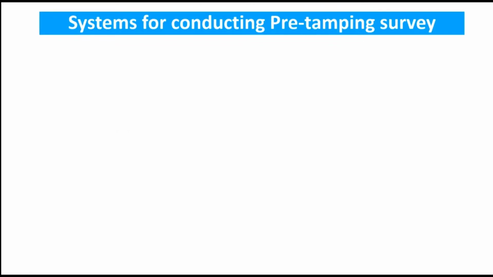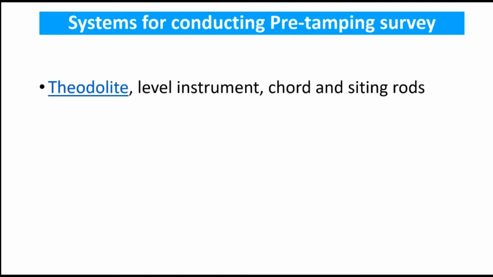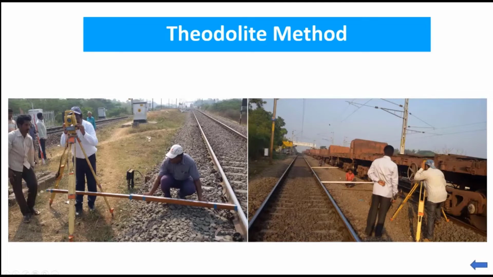Now the system of conducting pre-tamping survey. As we have discussed, the earlier alignments are done with theodolites, level instrument and the coordinate sighting method. Like we can see here, they are doing it with the theodolite and measuring the distance of the track where the theodolite is positioned.